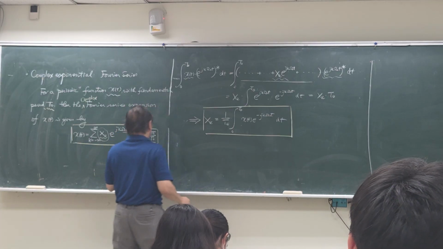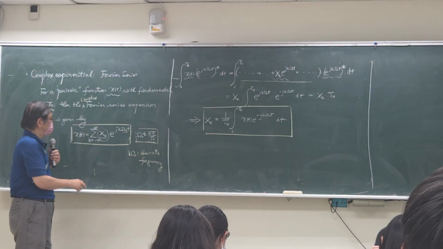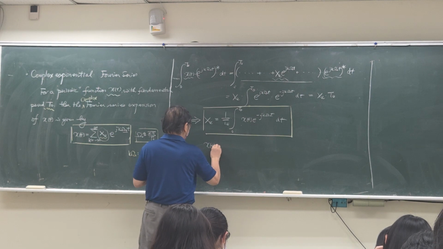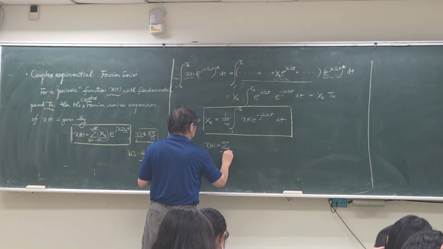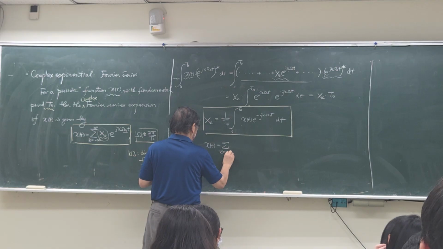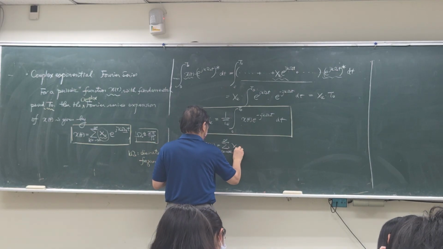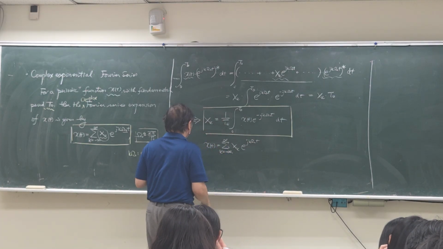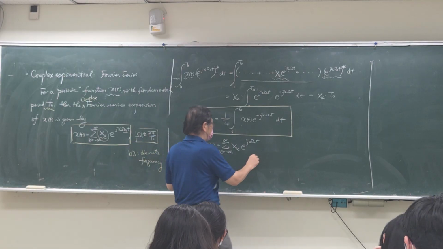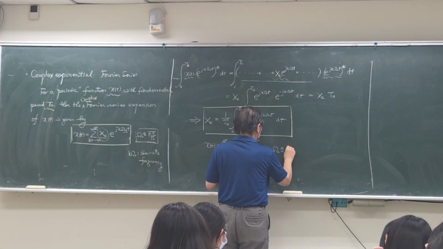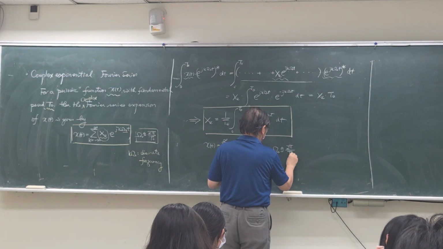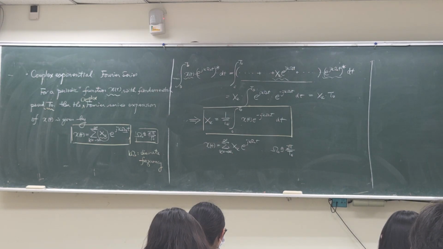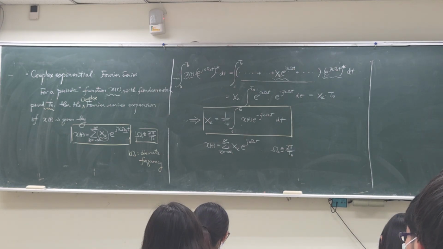And again, x of t is given by, just repeat that here. This is the fundamental concept of a Fourier series expansion.